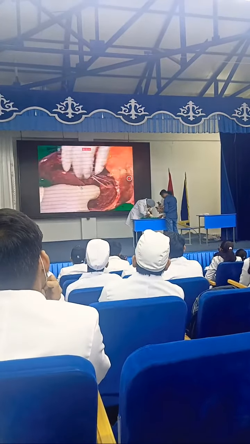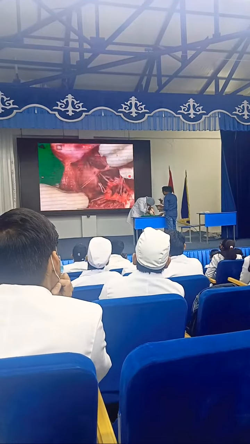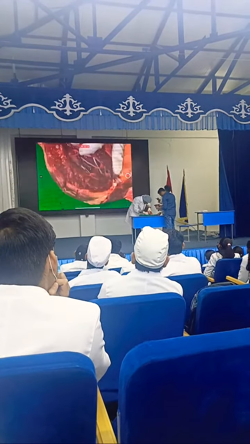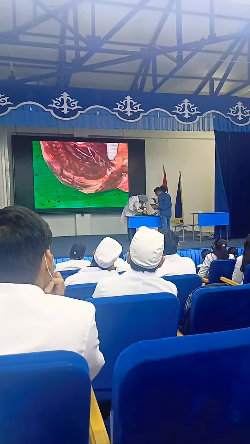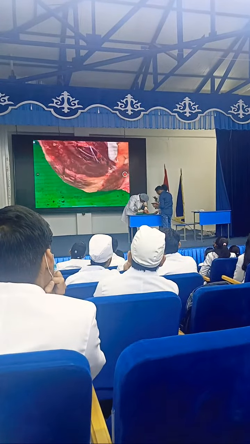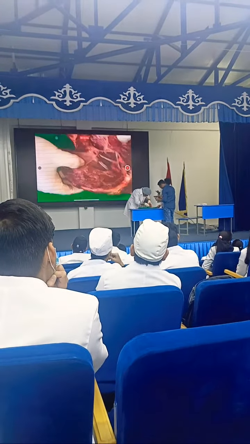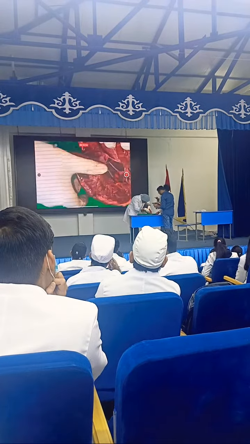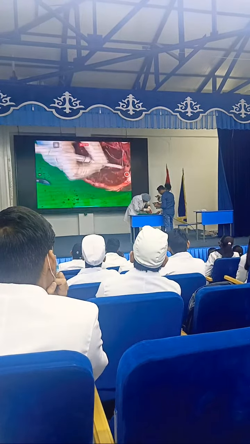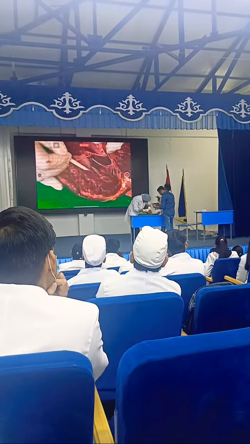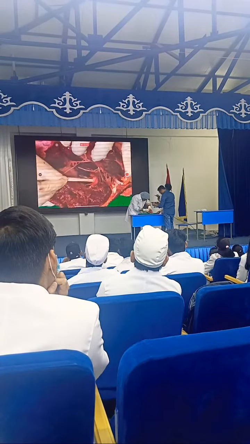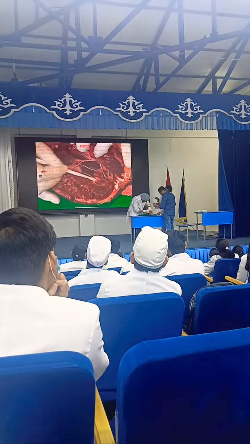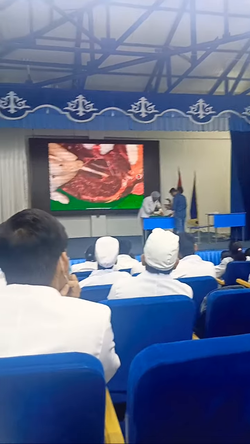So now I hope you are able to appreciate. Is it clear now? So this is your anterior mitral leaflet and this is your posterior mitral leaflet. So these are the two cusps of the mitral valve.